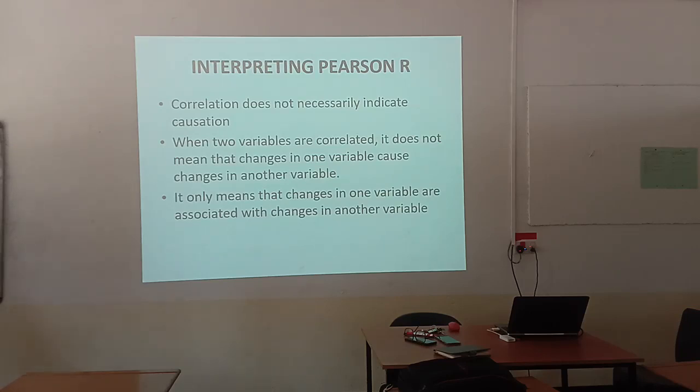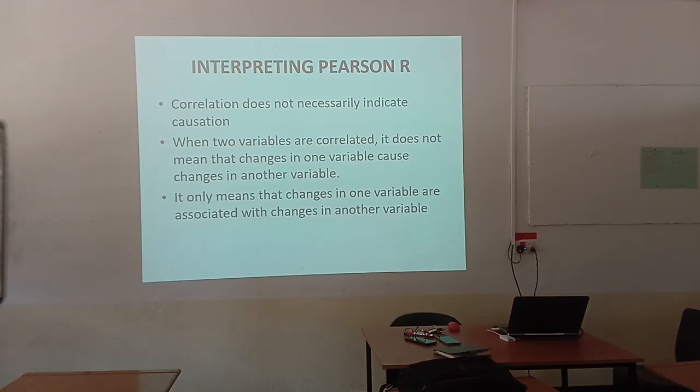So, strong association between two variables does not necessarily mean that the two variables are causing each other. The correlation coefficient is not a statistical index for measuring causation. It is a statistical index for measuring association.